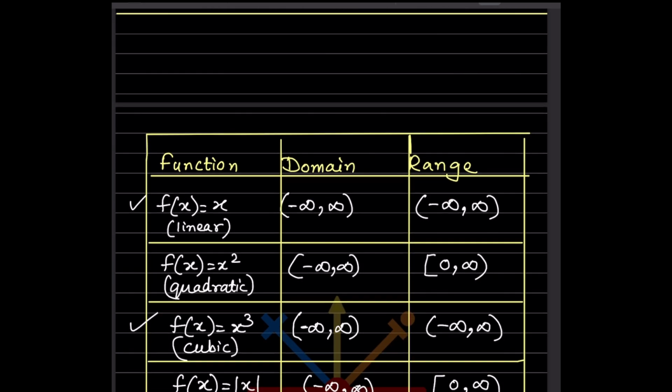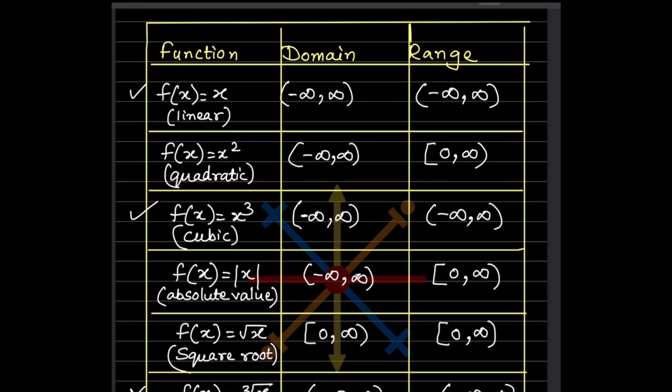Now here I have given you the table, so that it is easy to remember, because there are many functions. How to remember the domain and range of them? So here there is a linear function. This is f(x) is equal to x, f(x) is equal to x squared, f(x) is equal to x cubed.